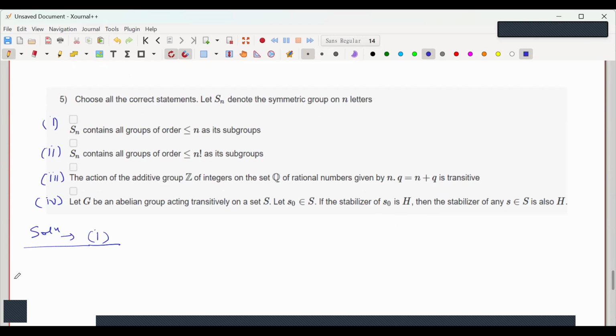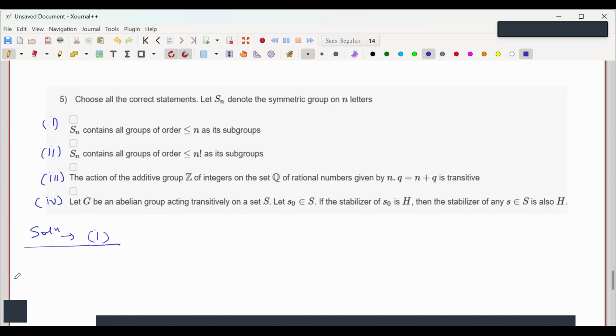We are given Sn, the symmetric group of on n letters, and the first part says it contains all groups of order less than equal to n as its subgroups. so all suppose any symmetric group with n less some number less than n automatically belongs as a subgroup, right? Right. Mm.